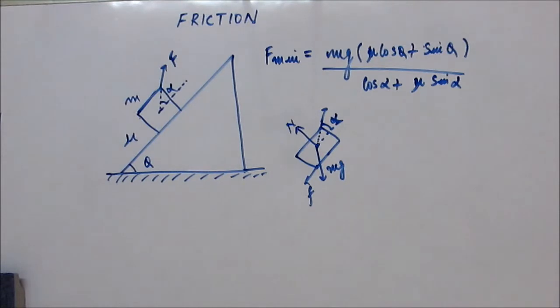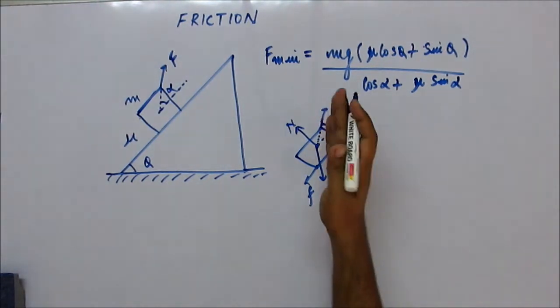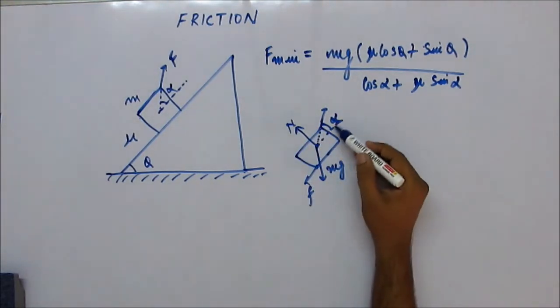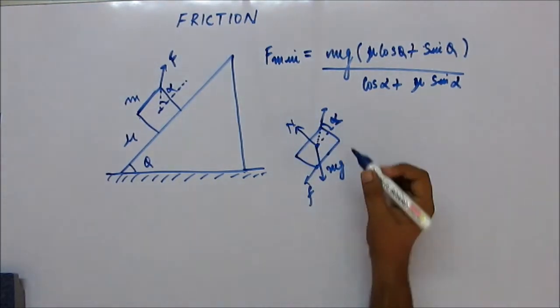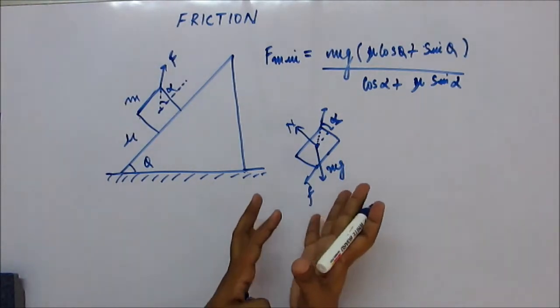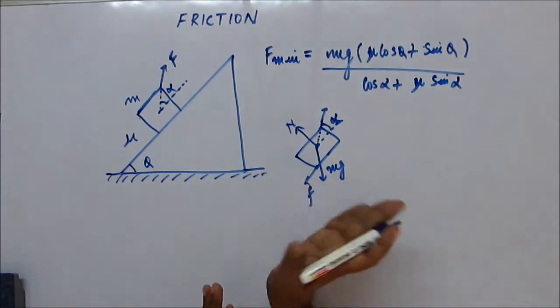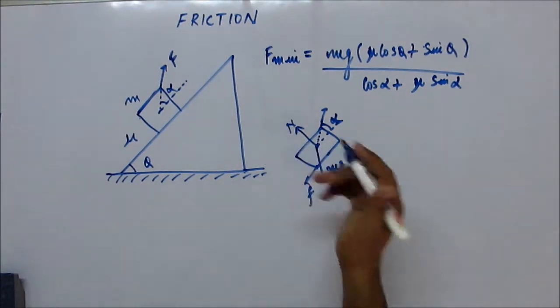Now, if you're looking at the minimum force, then the component of the external force parallel to the plane should be just balancing the opposing forces which are parallel to the plane. So let's break all the forces parallel to the plane and perpendicular to the plane.